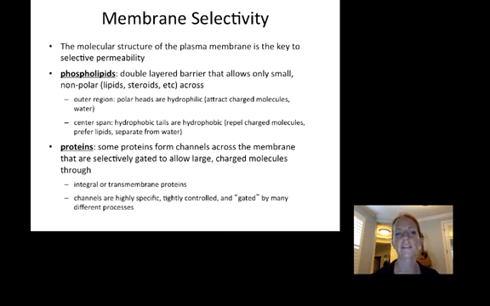Lipids, fats, oils, steroids are the only molecules that can get across the phospholipid bilayer. The outer region will be the polar heads that are hydrophilic, and they will attract charged molecules, for example, water and other polar molecules. But the center span of the lipid bilayer will be hydrophobic, and it will repel charged molecules, separating them from water.